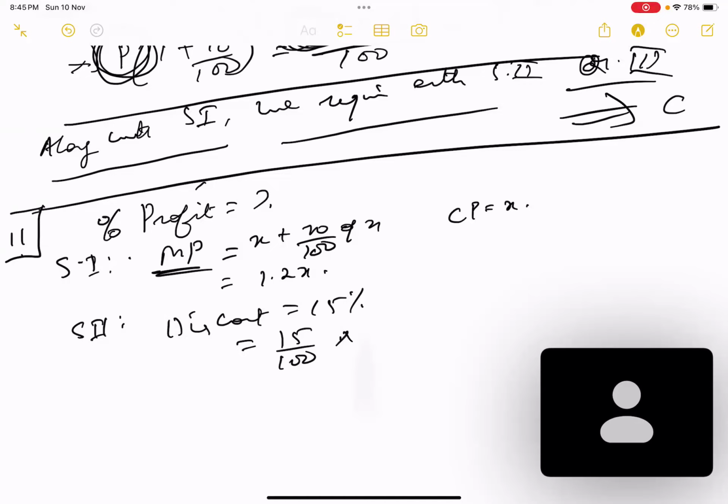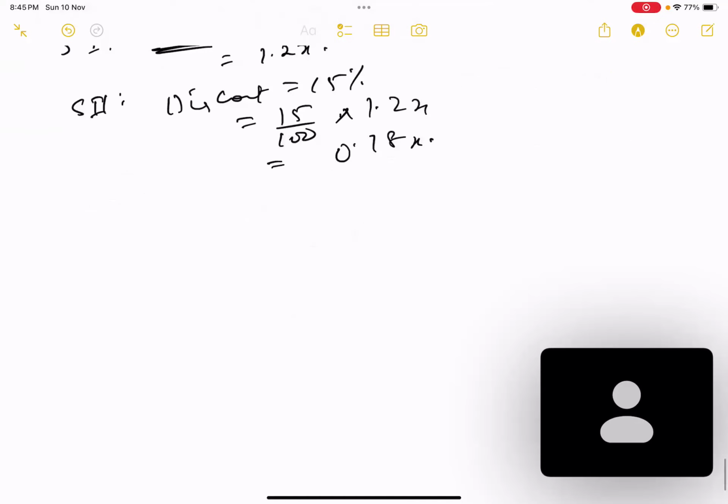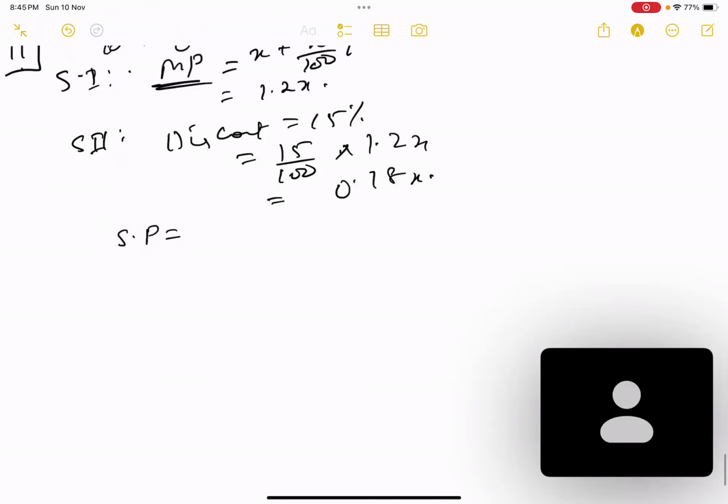So 15% off 1.2x is equal to 0.18x. So this is the amount of discount. Now, selling price: it was marked at 1.2x and discounted by 0.18x, so it will be 1.02x.